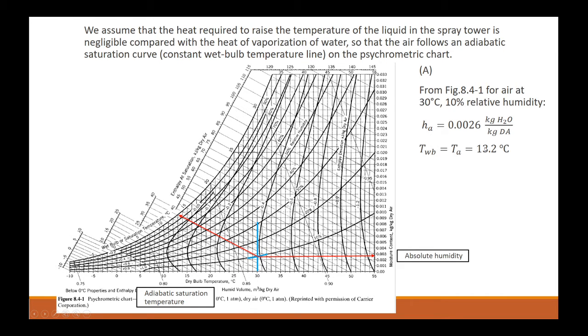And the adiabatic saturation temperature. So we draw a line across towards the wet bulb saturation temperature and draw a line down to identify its temperature, which is about 13.2 degrees Celsius.